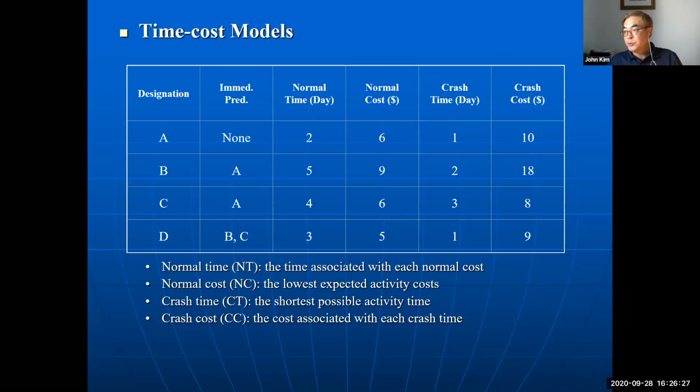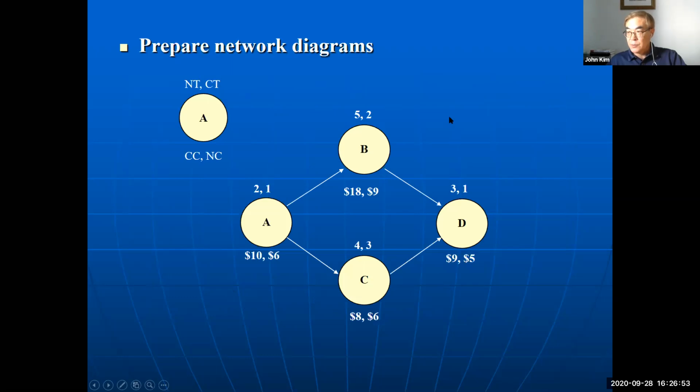To shorten the time, we need additional cost, like adding employees, workers, machines, and so on. So using normal time, normal cost, crash time, crash cost. First draw the network, and then normal time, normal cost, crash time, and crash cost.